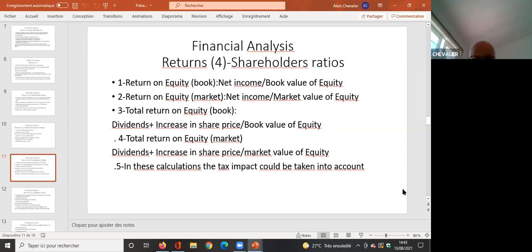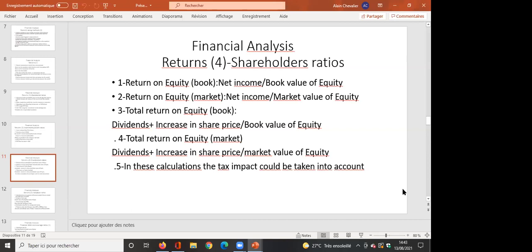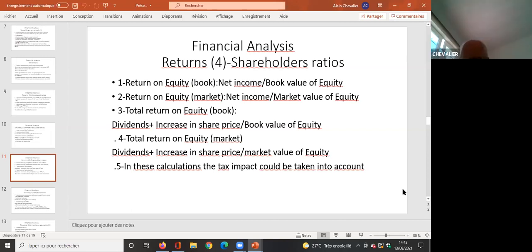Generally, if you come back to my shareholder, looking for cash performance, he is much more interested by number 4 than number 3, just because he doesn't know what book value is. He knows what market value is. Market value is what he paid in January, and what he will get if he resells the share at the end of the year. So it's mainly number 4.